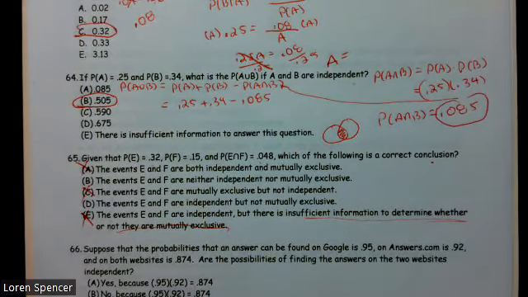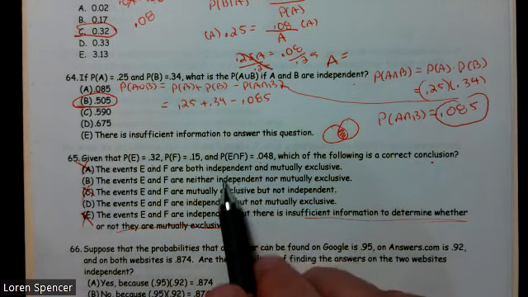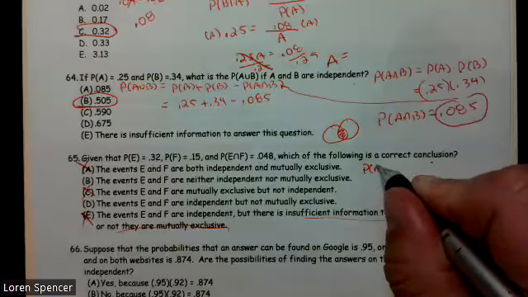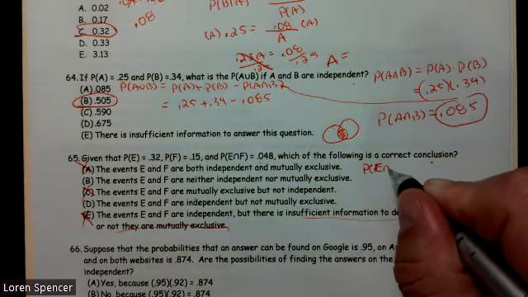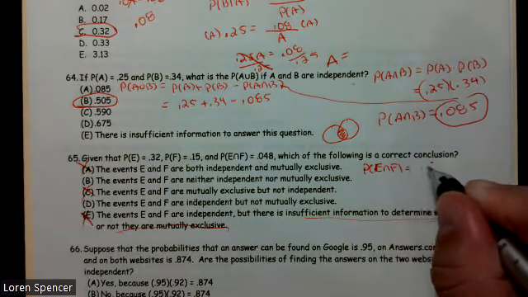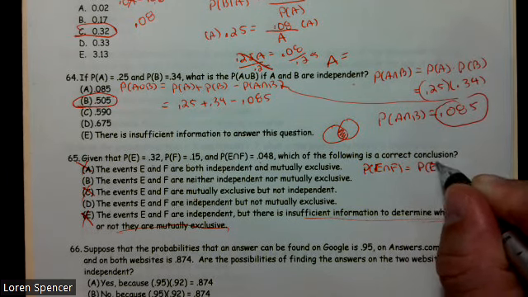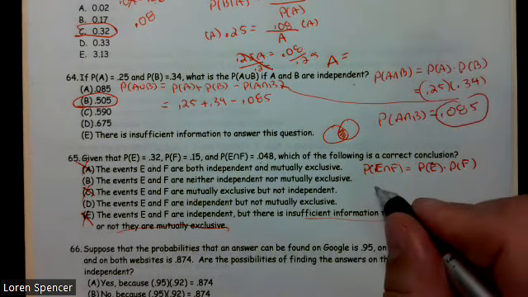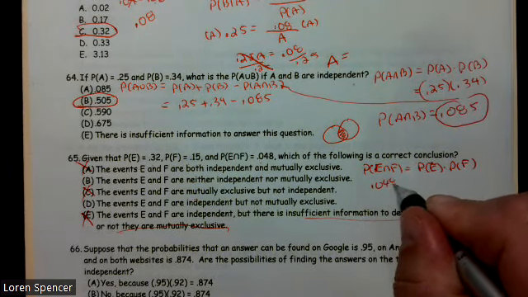All right. So let's check to see if they're independent. Well, if they're independent, the probability of E intersect F equals the probability of E times the probability of F. Well, the intersection is 0.048.